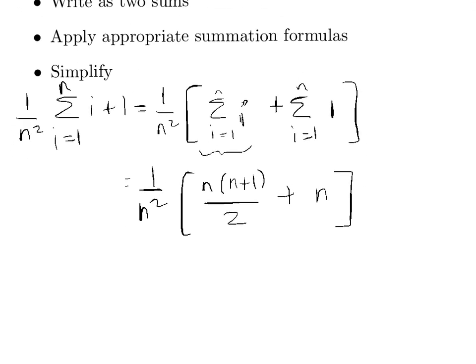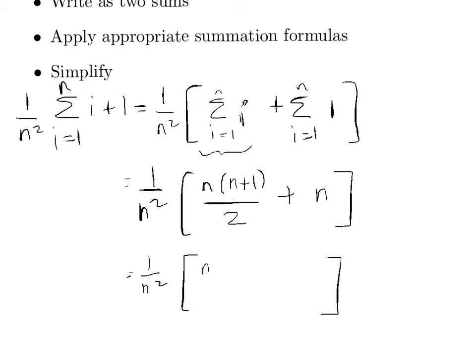The final thing we want to do is simplify here, and we'll take a look. Let's put it into a single fraction. First, 1 over n squared, and put the inside here into a single fraction.